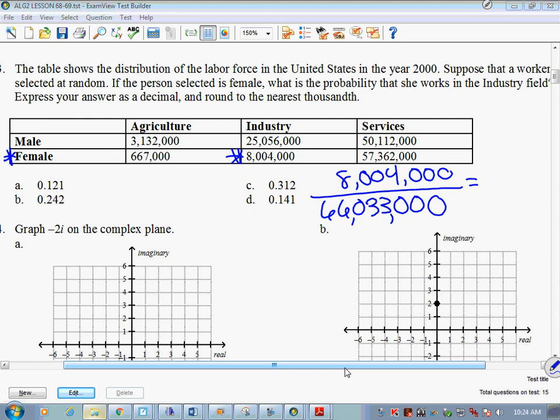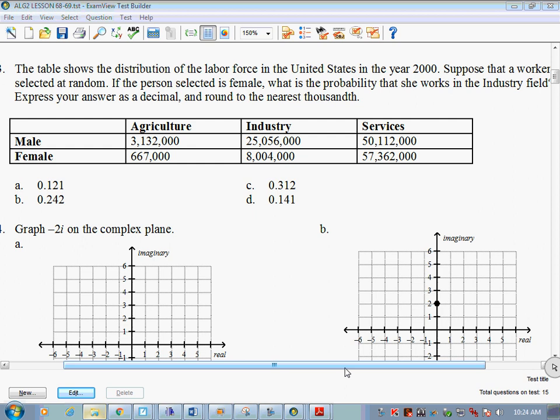We're going to express our answer as a decimal to the nearest 1,000, so we need to take it to 3 decimal places. 0.121. All right, doable, right? Bigger numbers, but we can do that. So far, this end of it's pretty easy.